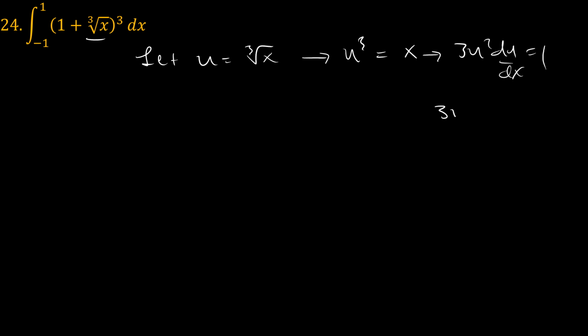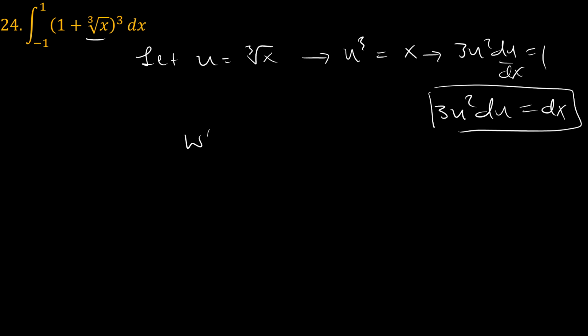So I will substitute for dx using 3u squared du. When x equals -1, u would be equal to -1. When x equals +1, u would be equal to +1.